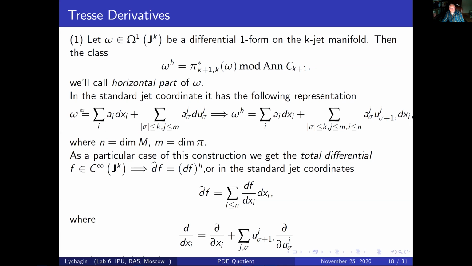If you take the standard jet coordinates, it looks like this. This is our differential one-form, and now this is the horizontal part. Instead of the differentials of these u sigmas, we express them as a Cartan form plus this term.